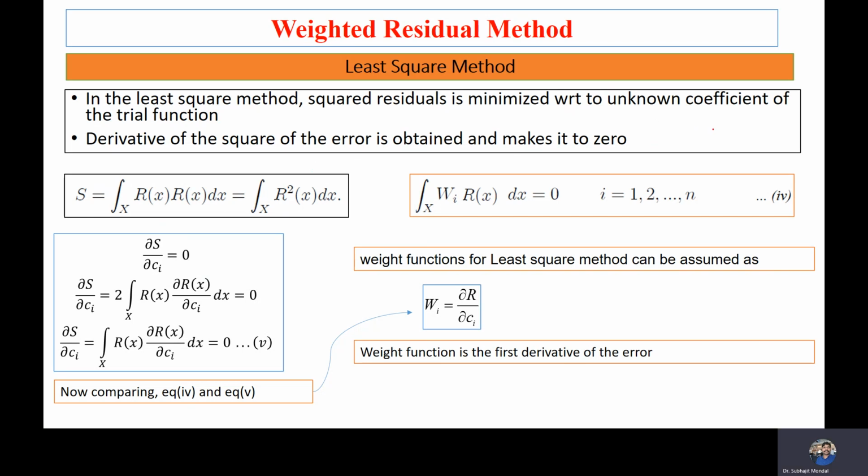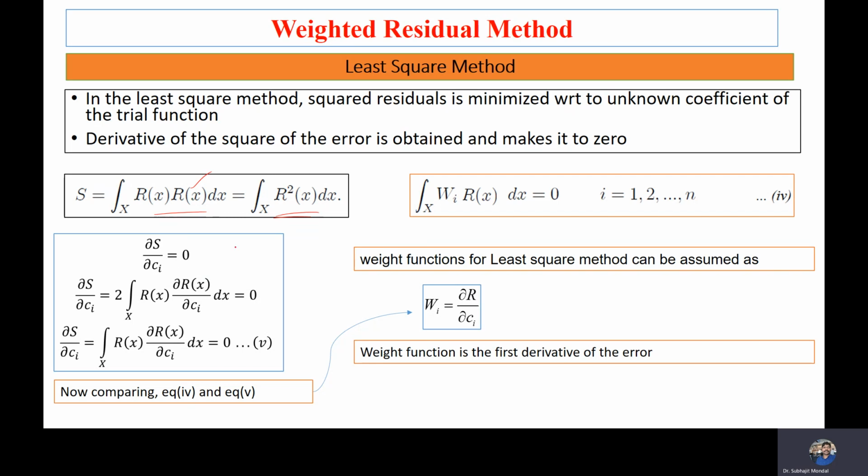We try to minimize the error with respect to the unknown coefficient. So how to minimize? We take the derivative of the square of the error and make it 0. If we know the error, then we find the square of the error and minimize it with respect to the unknown coefficient.